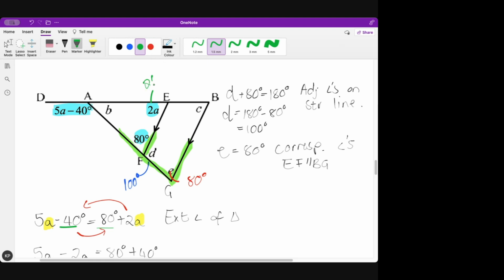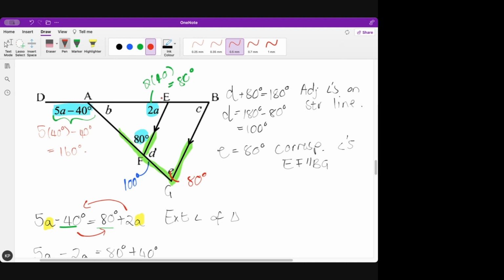So it's 2 times 40, which is 80 degrees. And what about this one over here? Let me do the substitution while you guys do the calculation. This is 5 times 40 degrees minus 40 degrees. 5 times 40 minus 40, 160 degrees.